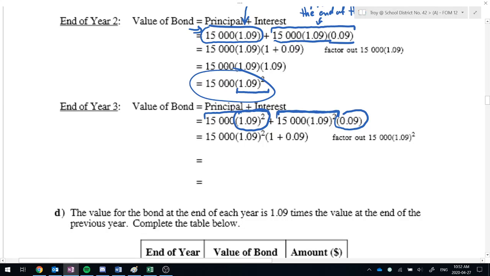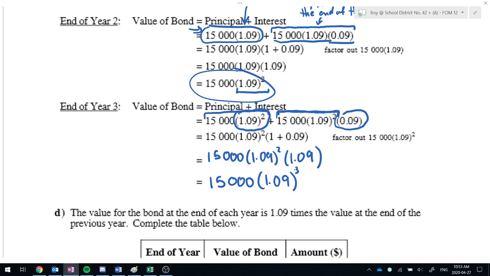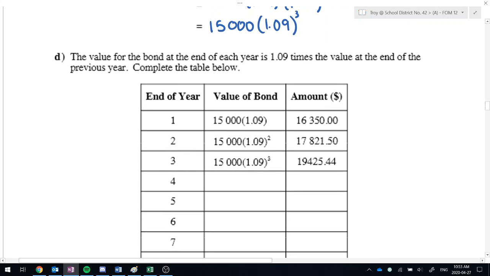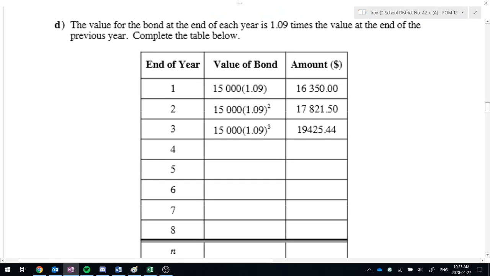right? So as you can see here, again, this ends up being 15,000 times 1.09 squared times 1.09. And of course, that simplifies to 1.09 to the power of 3, because now we've waited 3 years. Right? So now we can extend that pattern.